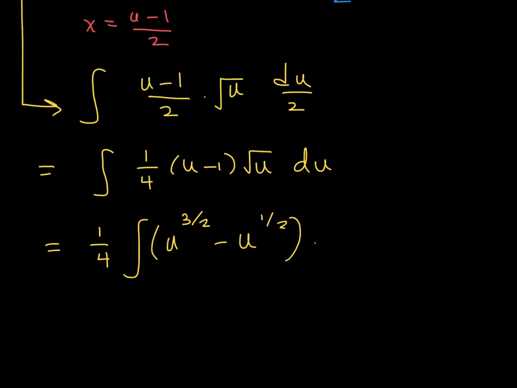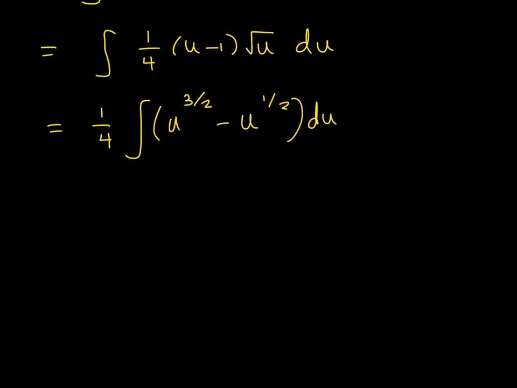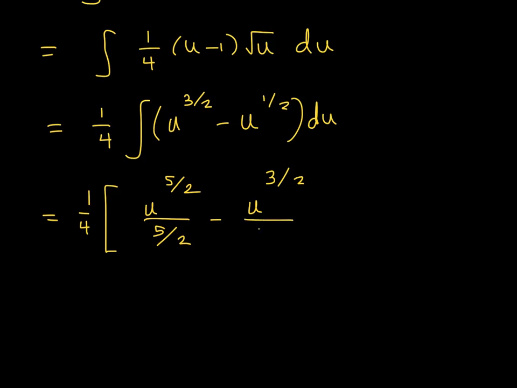That becomes our integrand, and then du. So then this is equal to 1/4 times u to the power of 3/2 plus 1, which is 5/2, over 5/2, minus u to the 1/2 plus 1, which is 3/2, over 3/2.